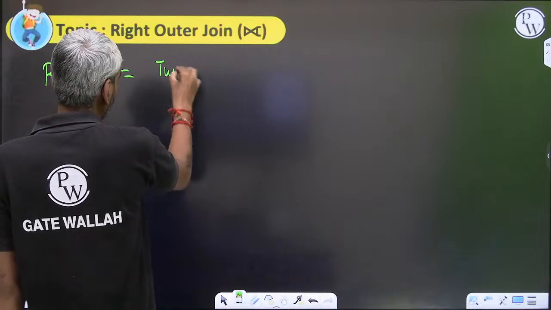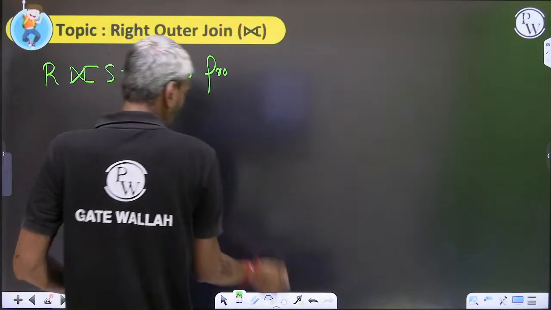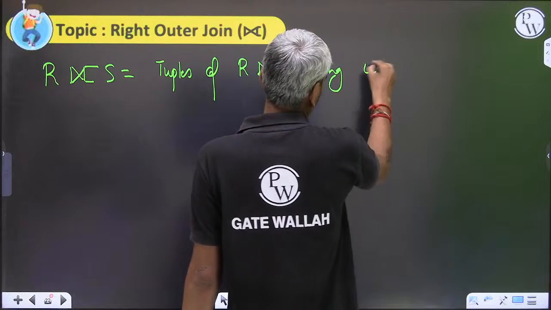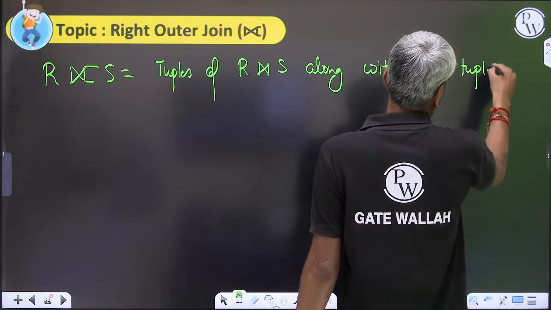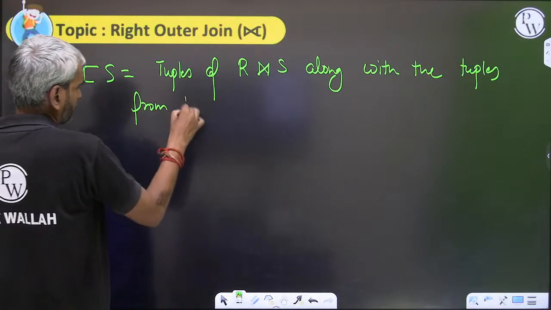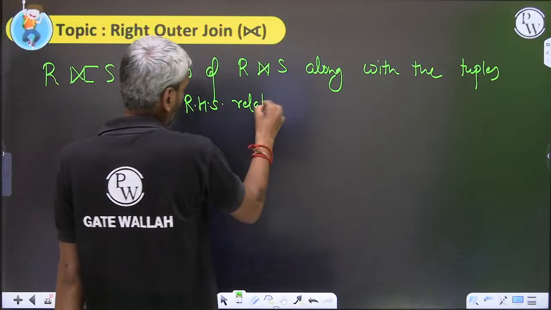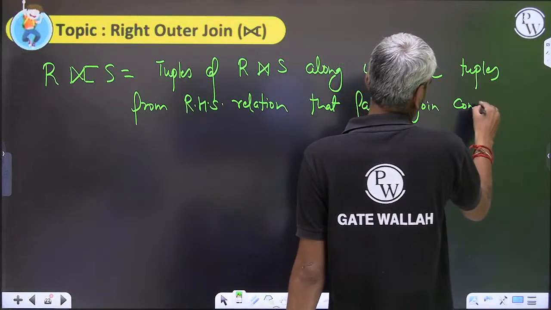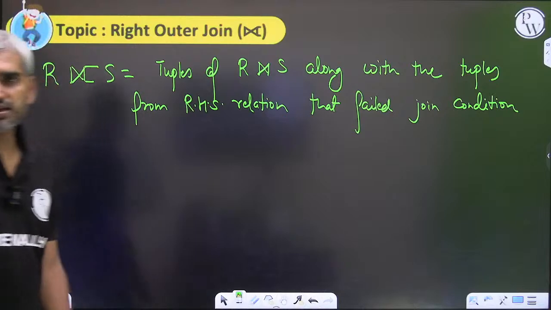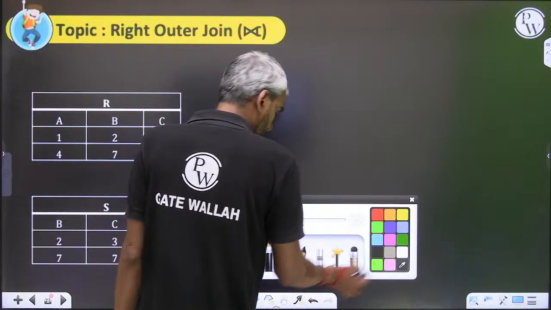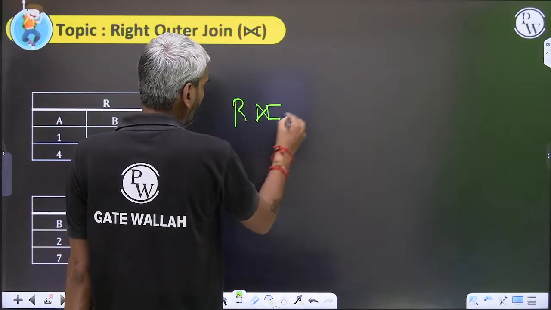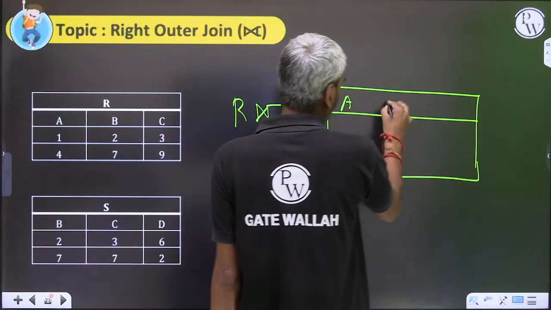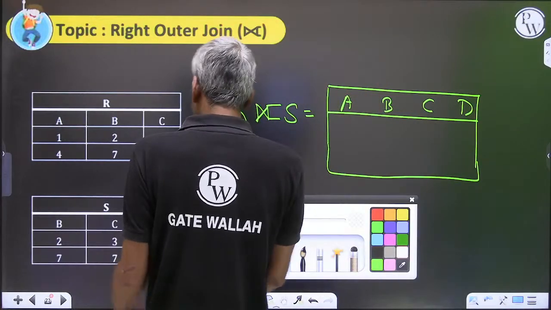So if I define R right outer join S on the same relations, then you will have the tuples of R natural join S, that is A, B, C, D. First of all, you will get the tuple 1, 2, 3, 6.